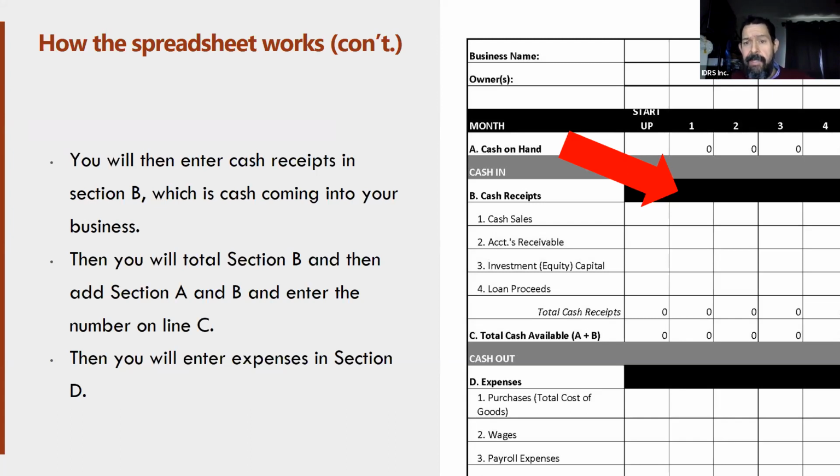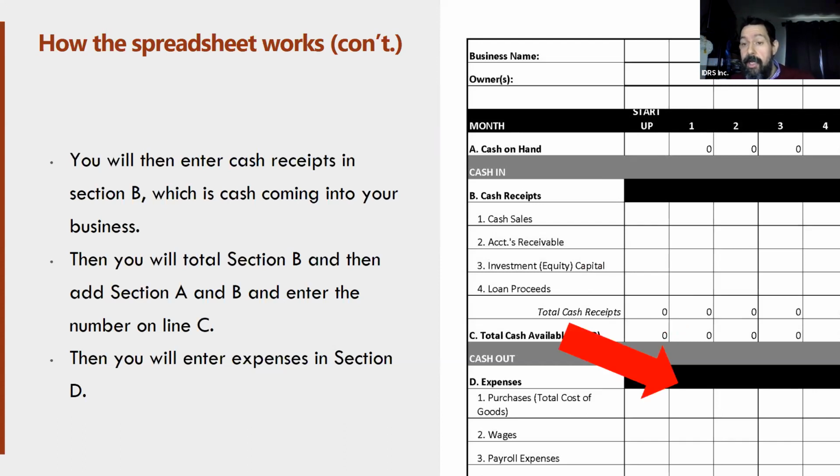I'm actually going to hide some of these categories, but I just want to let you know, cash receipts are anything you get into your business, any cash. So it does not just have to be sales. Okay. And so we'd add up there, and then we'd put that number just above the arrow and the zero. And then we would add your cash on hand with your B, cash receipts, and you get total cash available.